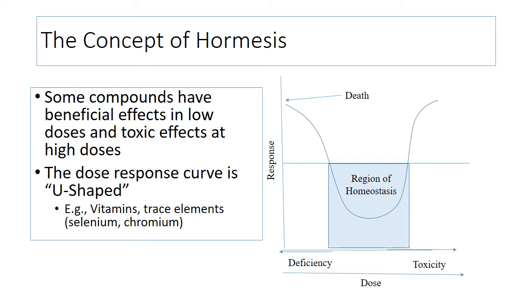you get to a point where you've got the region of homeostasis. This is the normal region. We want the body to be working around here. But when you continue increasing the dose, the response moves back up. So it forms a U-shaped curve whereby deficiency is bad for the body, but also an increased amount is bad for the body.